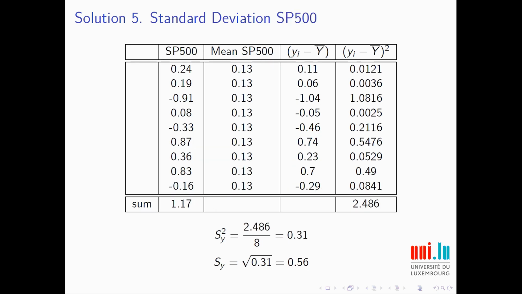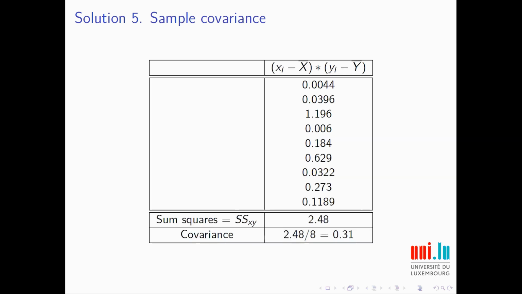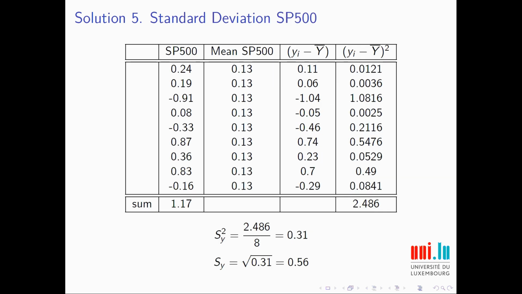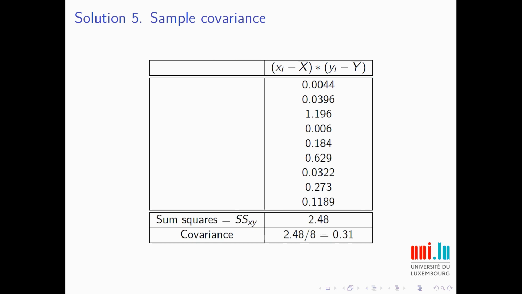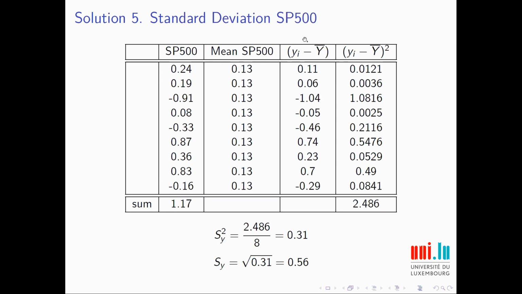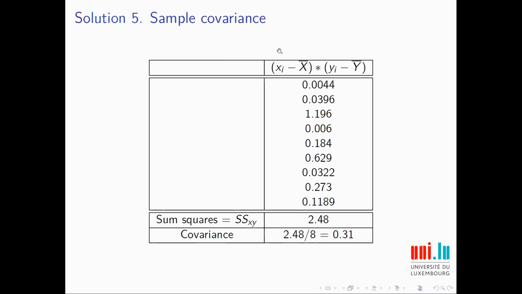The same we repeat for the Standard & Poor's index, the same exercise. So when we have the deviation from the mean, for each variable we can also calculate the coefficient of covariance with the indices.